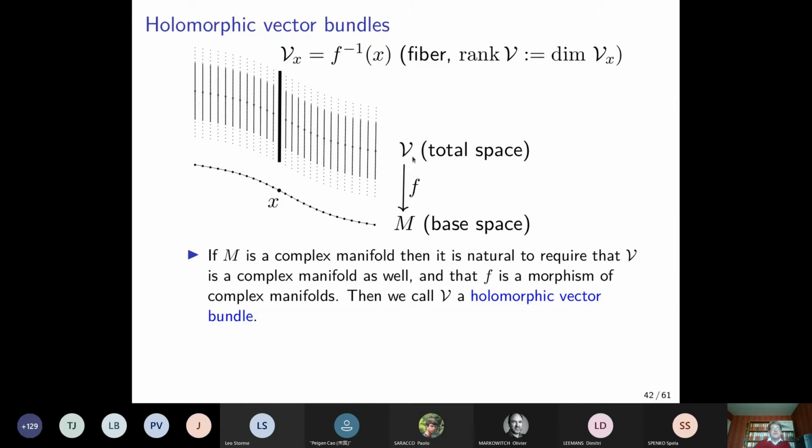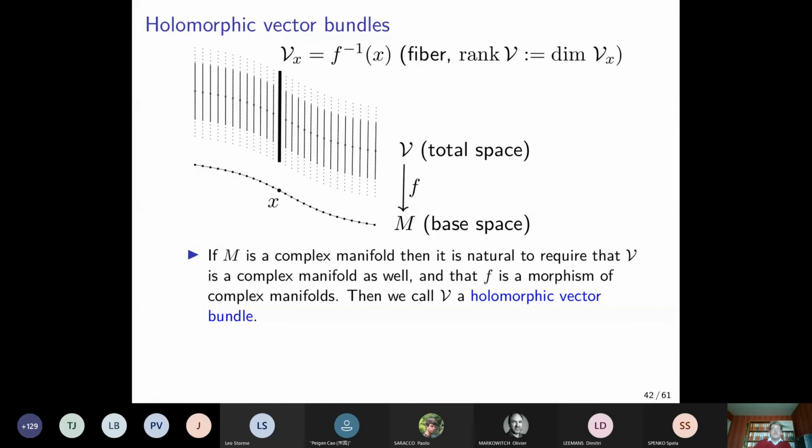Now, if M is a complex manifold, then it's natural to require that V is also a complex manifold, and that the map to the base is also a morphism of complex manifolds.